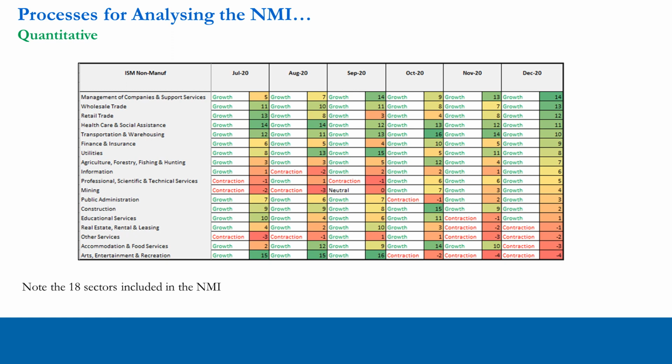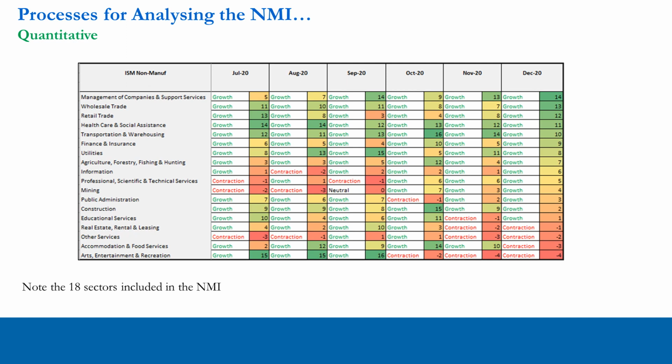And you'll have this in the downloads area, similar to ISM manufacturing sectors. In the NMI, we can look at the service sector industries, and we can rank them and color code them for a heat map. So again, we've got this analysis available in the downloads.